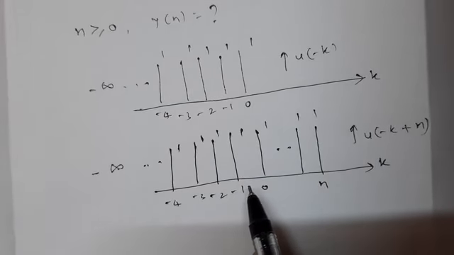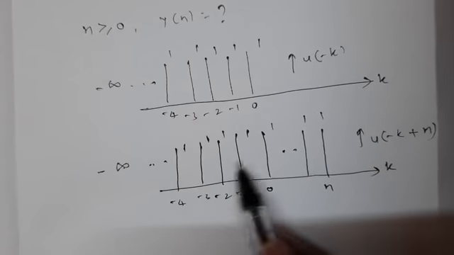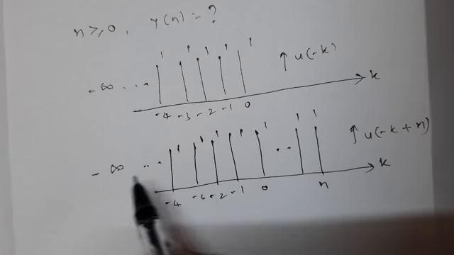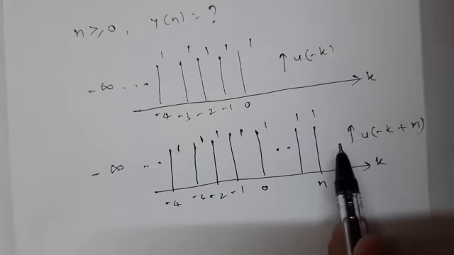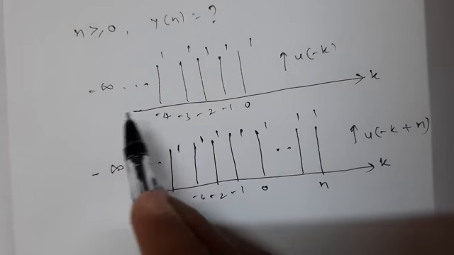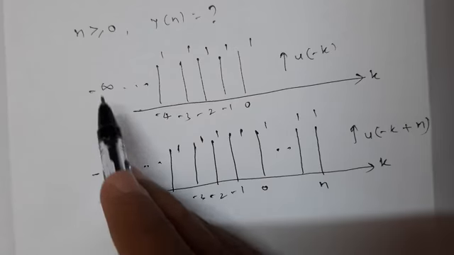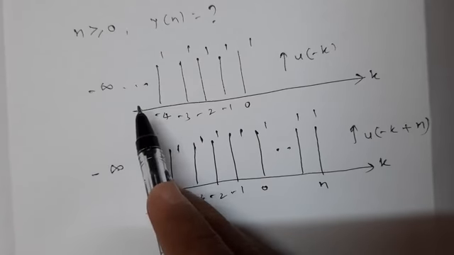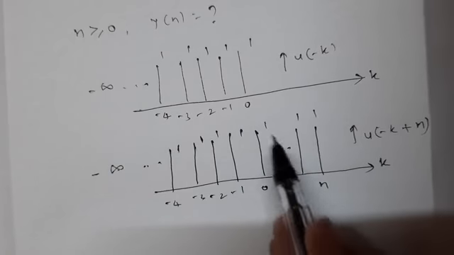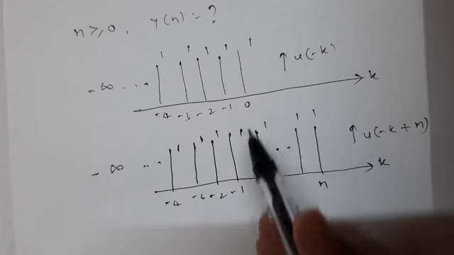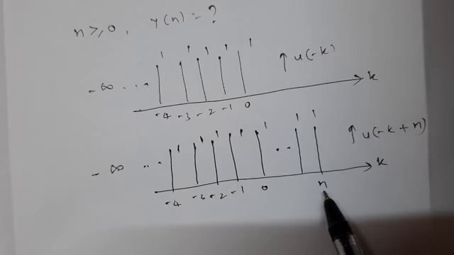The signal starts from minus infinity. When you multiply the samples of u of minus k and u of minus k plus n, the samples exist from minus infinity for both, but till where? For u of minus k till 0 and for u of minus k plus n till n.